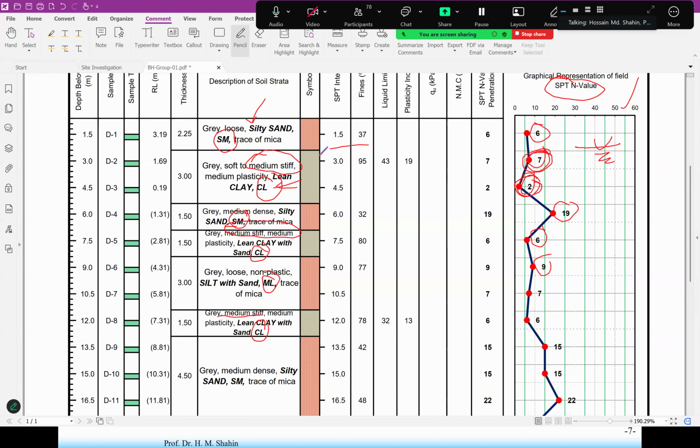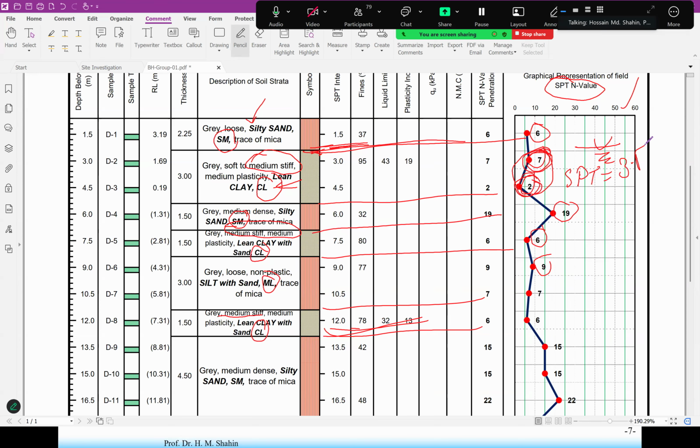So what you will do, you divide your soil layer, soil profile. This one, then this is siltation and this, because it has many, so you can divide in this way, the same as your report. So you make this average. So here the average SPT value will be 3.5.